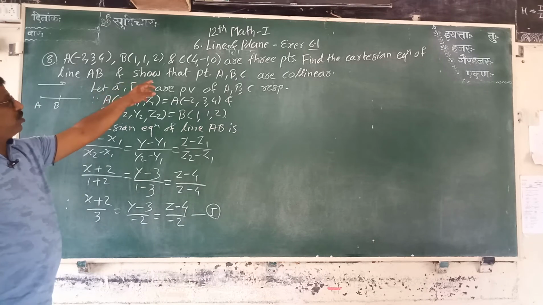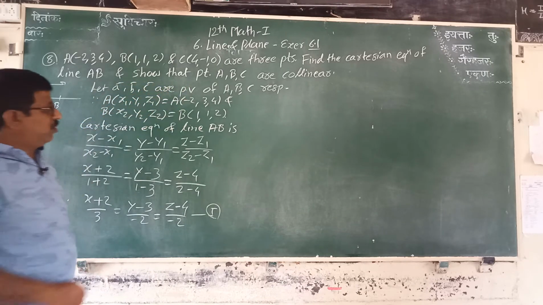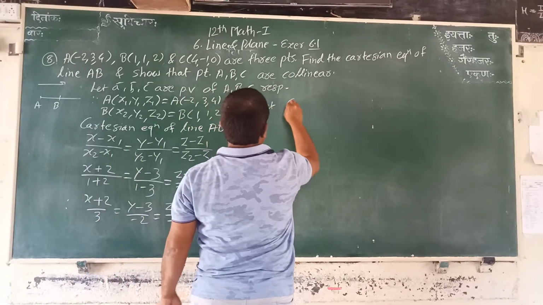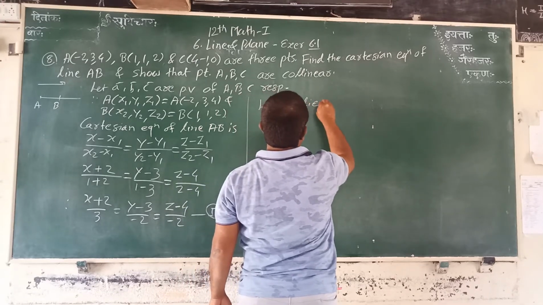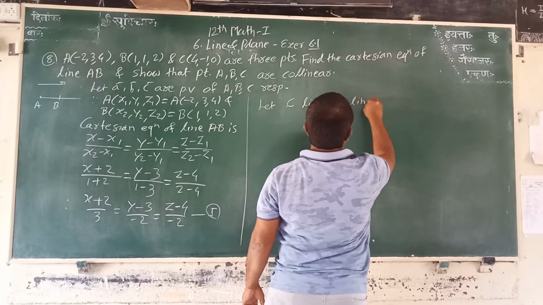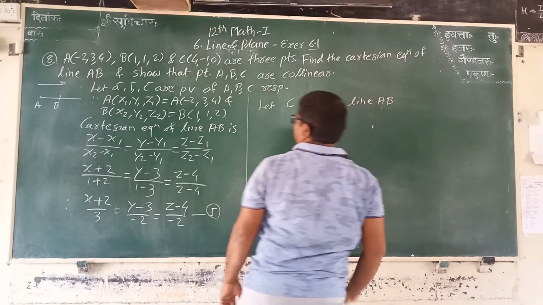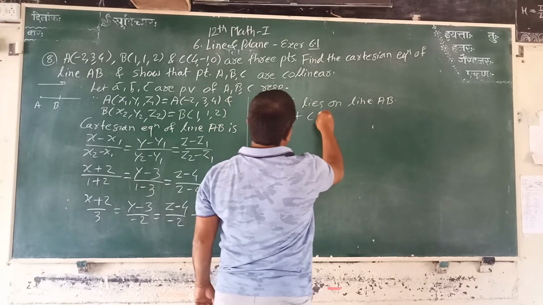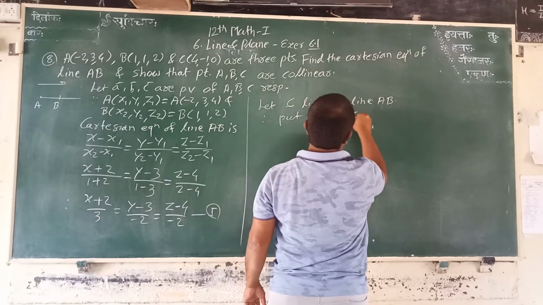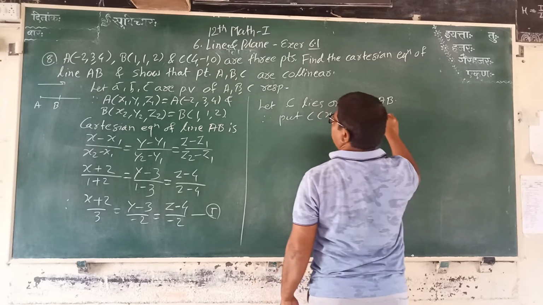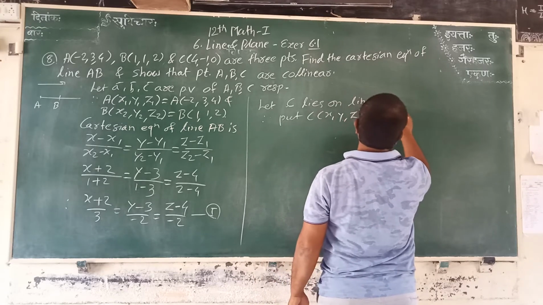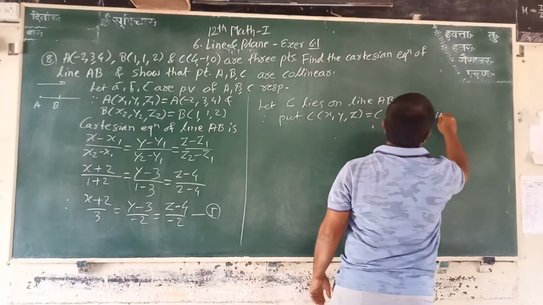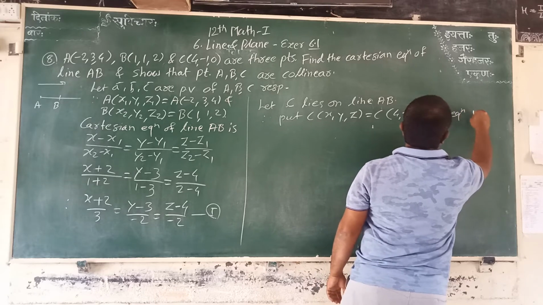Now we want to show that the points A, B, C are collinear. Let C lie on line AB. Therefore, put C(x, y, z) equal to C(4, -1, 0) in equation 1.